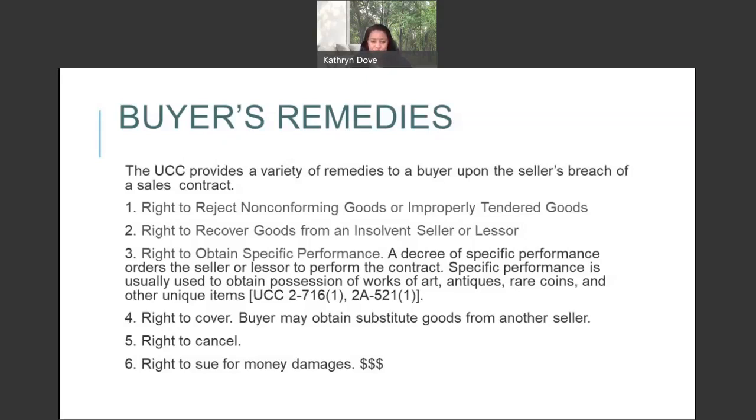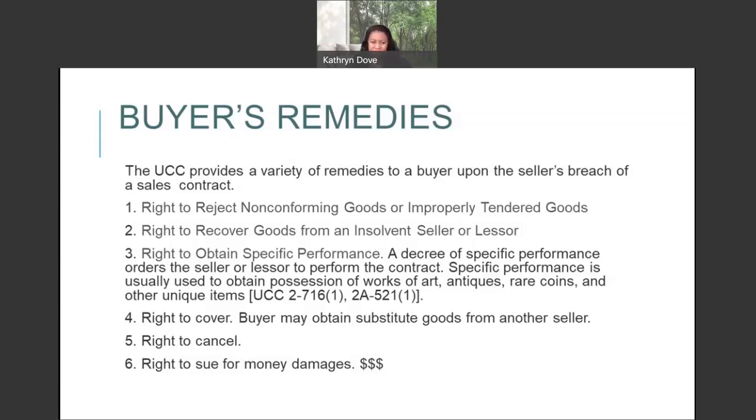The right to obtain specific performance. So what is specific performance? That's an order of the court directing the seller to perform the contract according to its terms. This is usually important when the item to be shipped is rare, a work of art, antiques, rare coins, or something so unique that the buyer cannot easily cover by finding replacement goods.